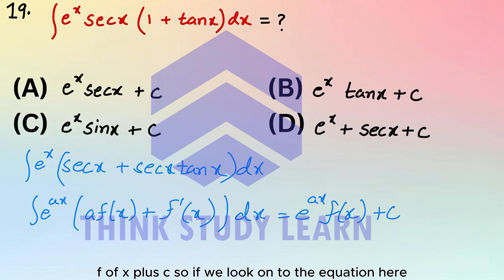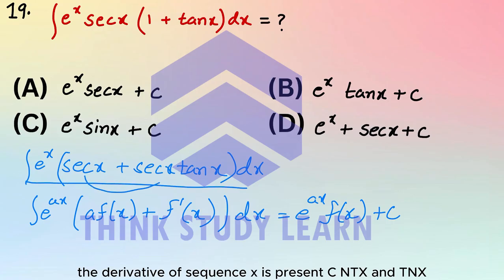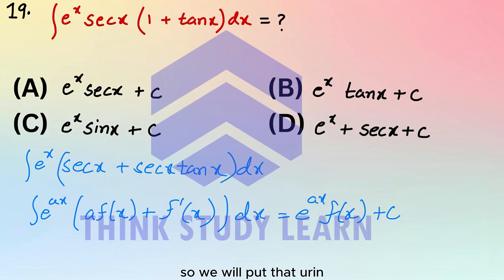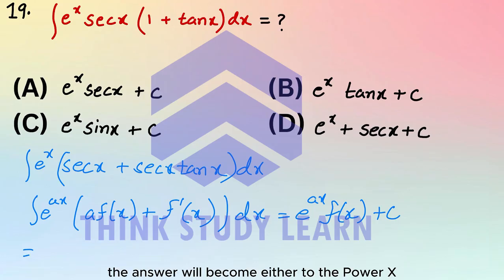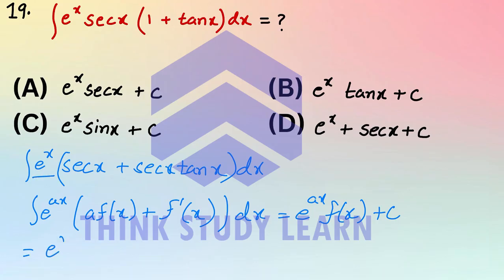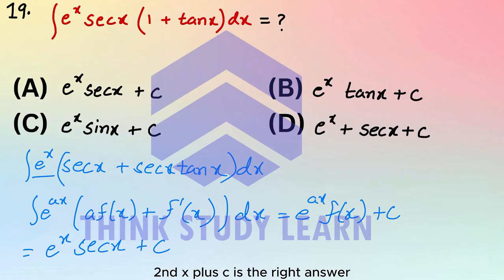So if we look at the equation here, the derivative of secant x is present, secant x and tan x. So we will relate the theorem here and find the answer. The answer will become e raised to the power x into f of x, which is secant x. So putting f of x as secant x, plus c. So option A, e raised to the power x secant x plus c, is the right answer.